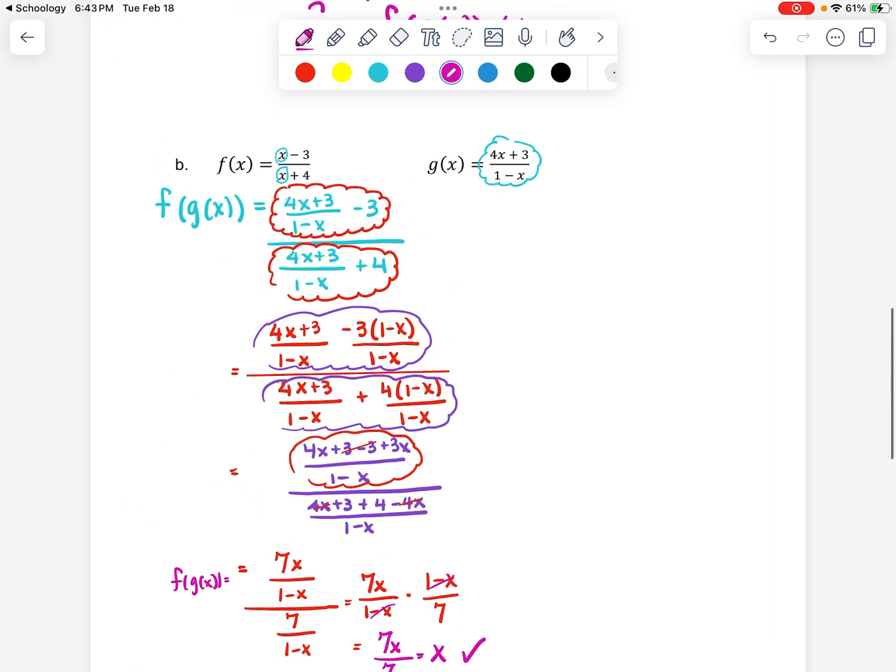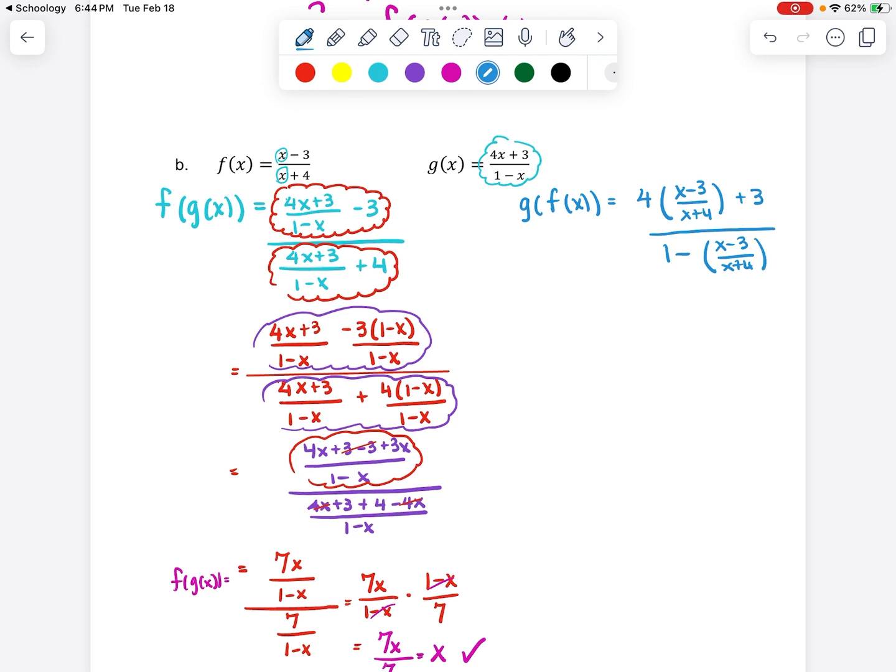Now, here's the fun part: we have to go back and do g of f of x to check, does it equal x? I'll start it, but then you have to finish it. So here, g is 4 times (x - 3)/(x + 4), plus 3, over 1 minus (x - 3)/(x + 4).